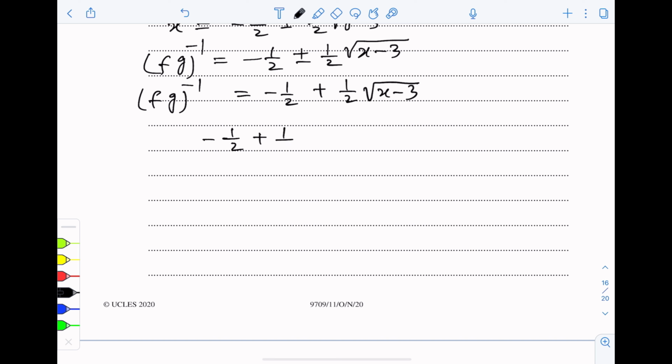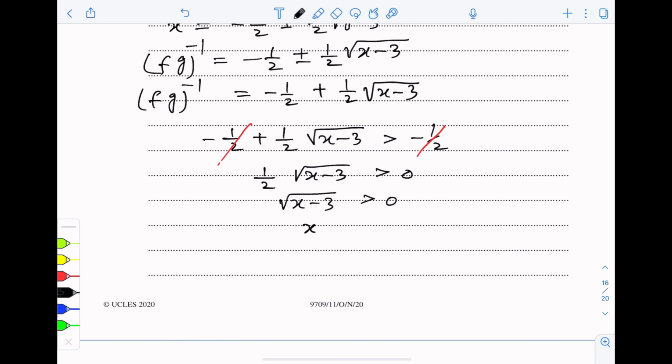So -1/2 + 1/2 square root of x - 3 is greater than -1/2. So this becomes, the -1/2 cancels out. Now we have 1/2 square root of x - 3 greater than 0. The 1/2 goes to the right side and divides, so this becomes square root of x - 3 is greater than 0.